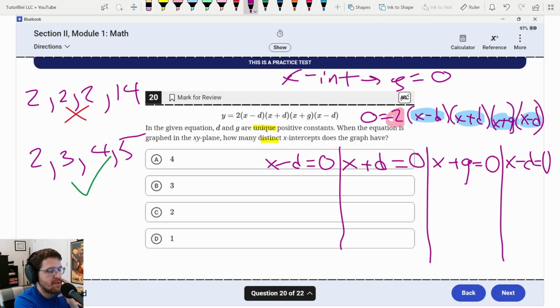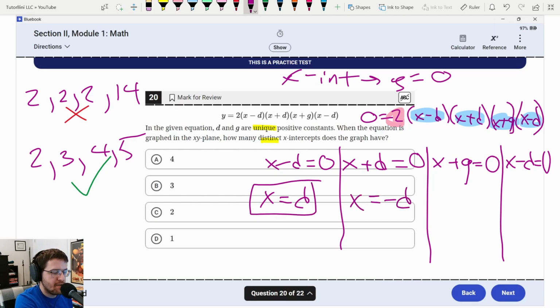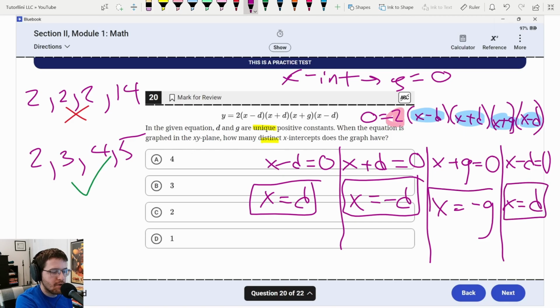So the x-intercepts, if we add d to both sides, I get x equals d. If I subtract d from both sides, I get x equals negative d. If I subtract g from both sides, I get x equals negative g. And then if I add d to both sides, I get x equals d. You will notice, oh, wait a minute, we have a repeat. d shows up twice.